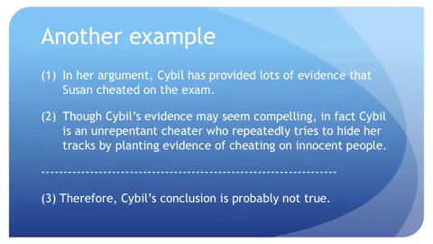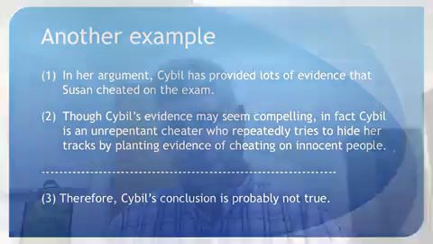She tries to disguise her cheating by planting evidence of cheating on innocent classmates. Therefore, I conclude, Sybil's conclusion itself, to the effect that Susan cheated, is probably not true. Susan probably did not cheat, despite the evidence that Sybil has presented against her, because Sybil does have this track record of planting evidence on innocent classmates.